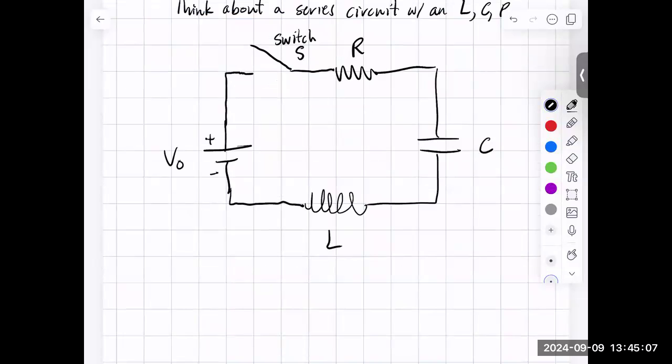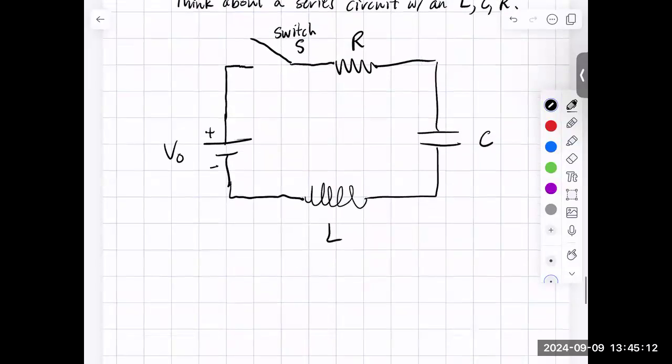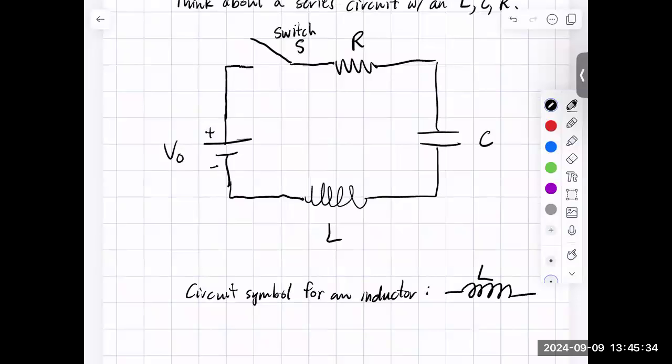And that's literally what an inductor is. So the circuit symbol for an inductor is just this coil. All right, good.